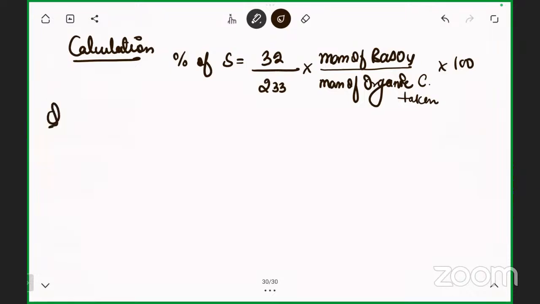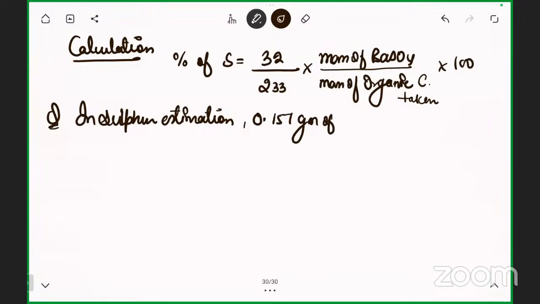Okay, very good. The question is, in sulfur estimation, 0.157 gram of organic compound is taken, which gave 0.4813 gram of barium sulfate.